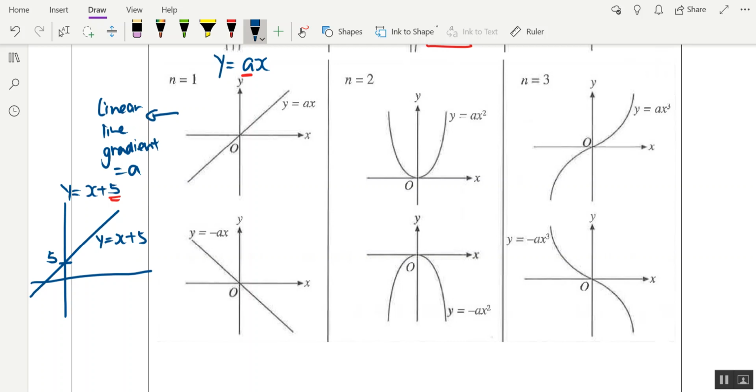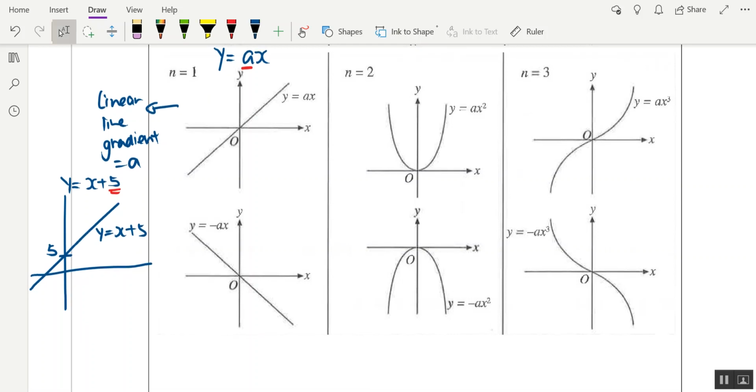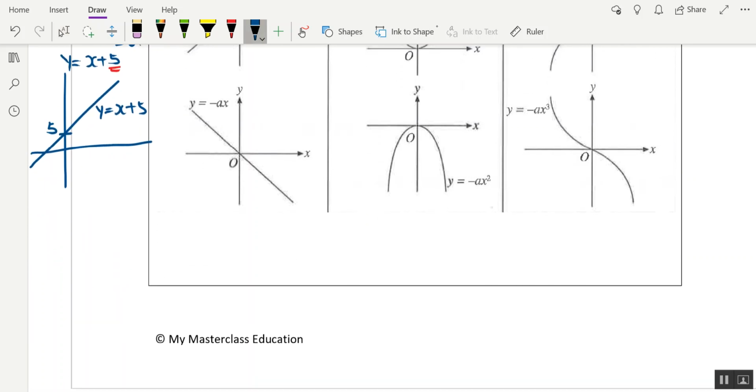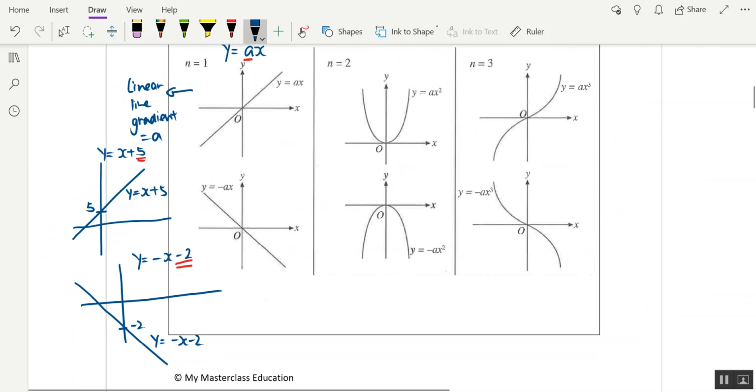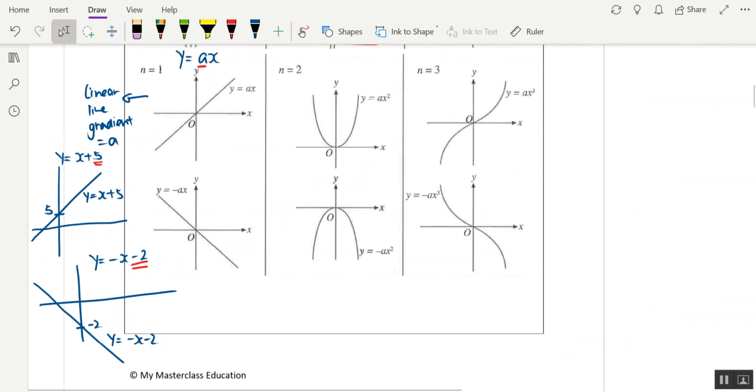If you have y equals negative x minus 2, this means that the graph is going downwards and cuts the y-axis at negative 2. So this is negative 2, y equals minus x minus 2. Positive gradient, the linear line is going up. Negative gradient, the linear line is going down. And then the constant is the y-intercept.